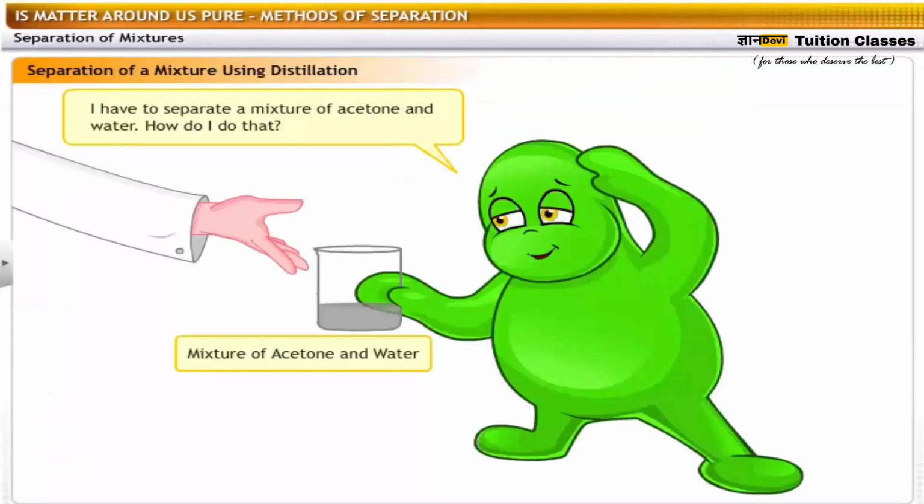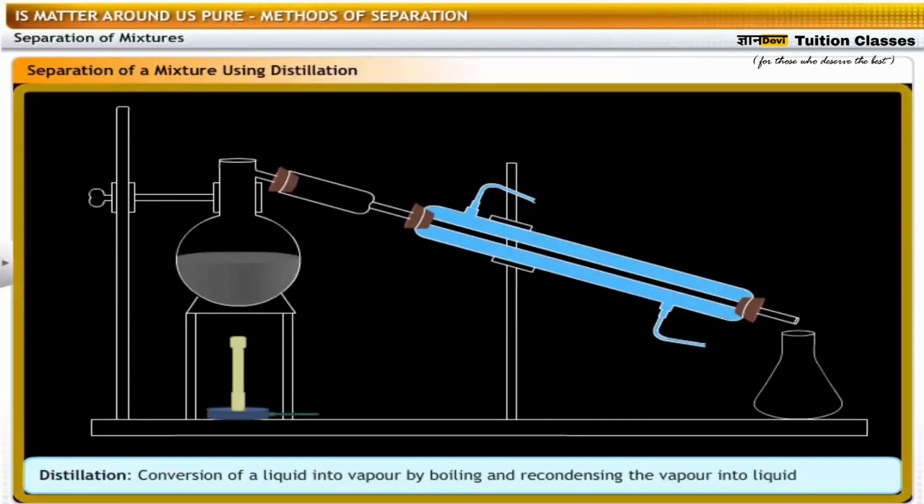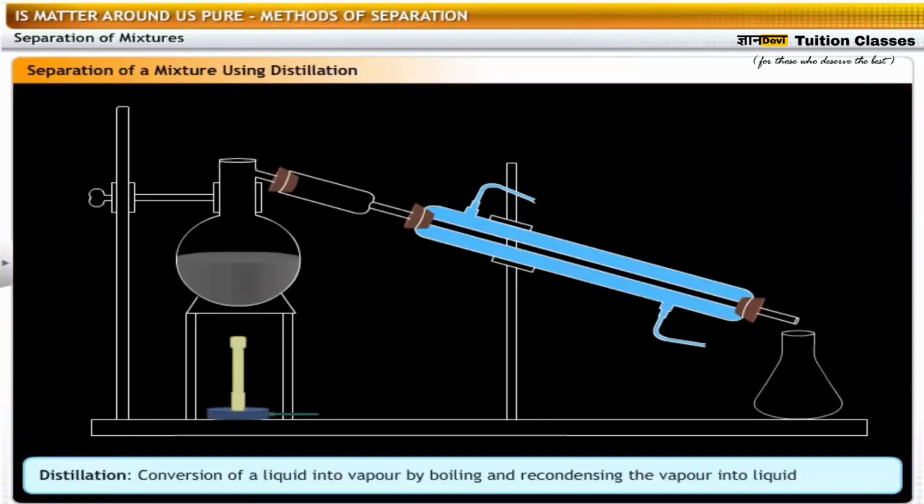I have to separate a mixture of acetone and water. How do I do that? To separate a mixture of water and acetone that form a miscible liquid pair, set up the apparatus as shown in the diagram. Put the mixture into a distillation flask.